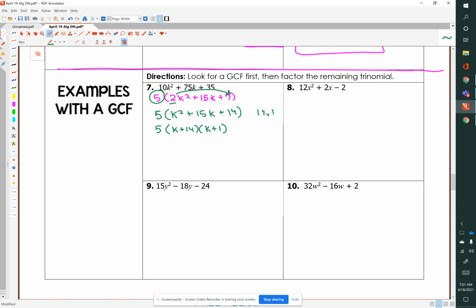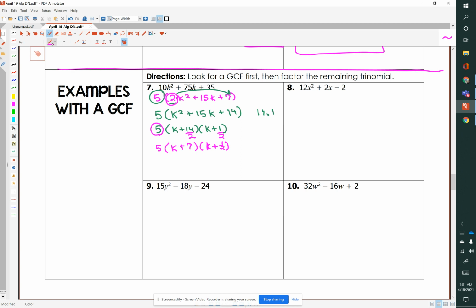But we're not done. We still have to deal with that leading coefficient of 2. So do you see how we've factored out the 5, and we really do ignore this 5 for now? We're looking at the leading coefficient of 2, and that's what we divide the 14 and the 1 by. Now let's just simplify those fractions. So we have k plus 7, and then k plus 1/2.